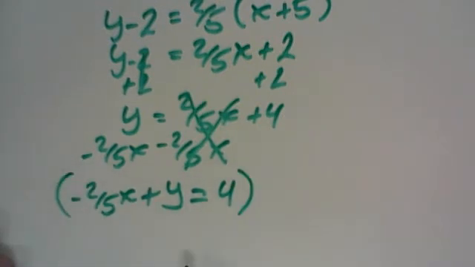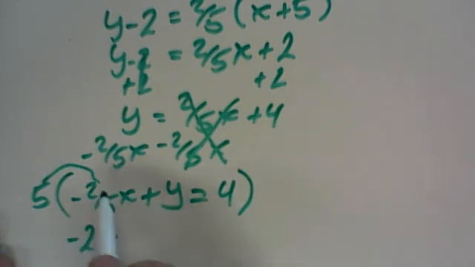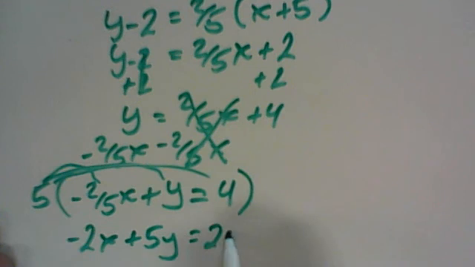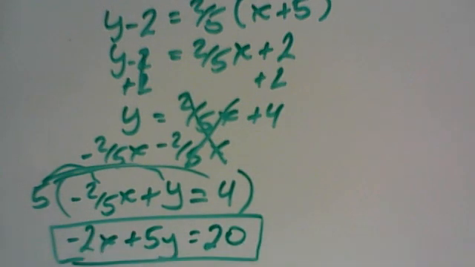So we're going to get rid of the fraction by multiplying by the denominator here. If I multiply everything by 5, 5 times -2/5 x is just going to be -2x. The 5's will cancel. 5 times y is 5y, and 5 times 4 is 20. And so the answer for number 11 is -2x plus 5y is equal to 20.